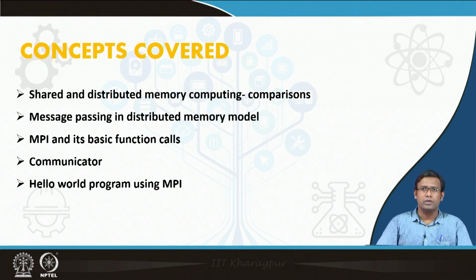We will see what a communicator is in MPI, how we identify the CPUs or the computers participating in an MPI job, and how we give their identity during the program. So we will discuss that while discussing communicators, and then we will see our first MPI program, which is the Hello World program.